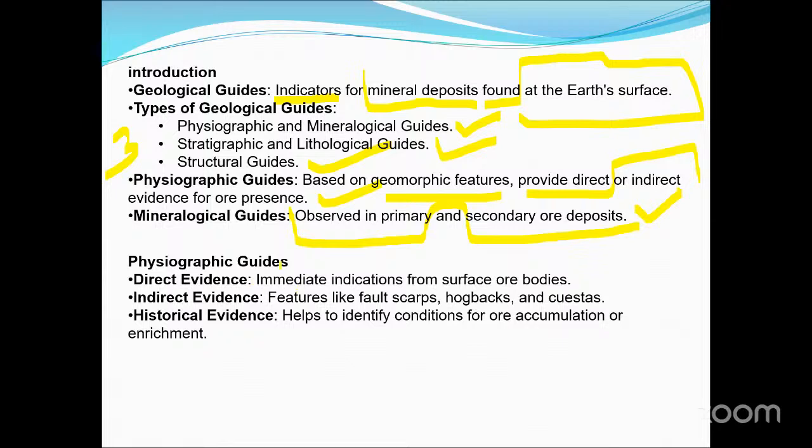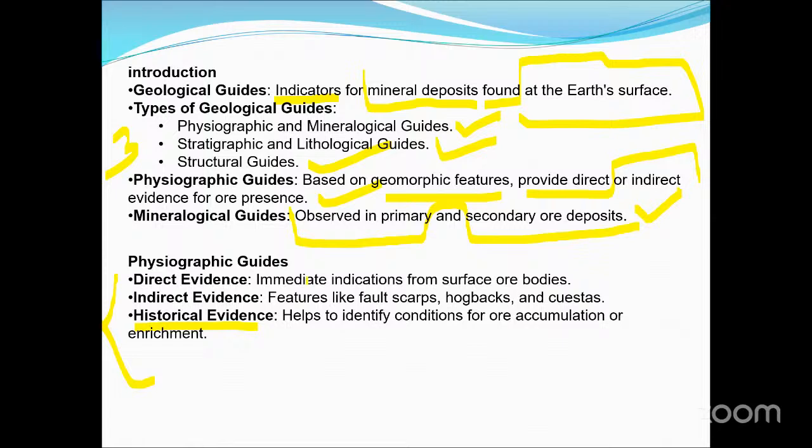Physiographic guides are divided into three types again: direct evidence, indirect evidence, and historical evidence.